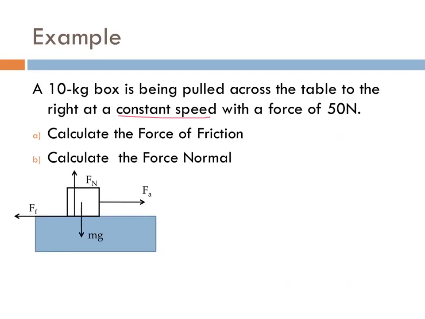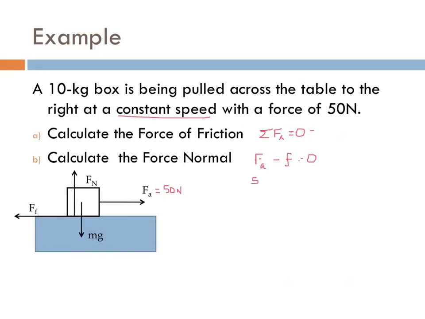So here I have a force being applied of 50 newtons, and we want to calculate the force of friction. Because we are moving at a constant speed, the sum of the forces in the x direction must be equal to 0. So another way to write that is that the force applied minus my force of friction is equal to 0.